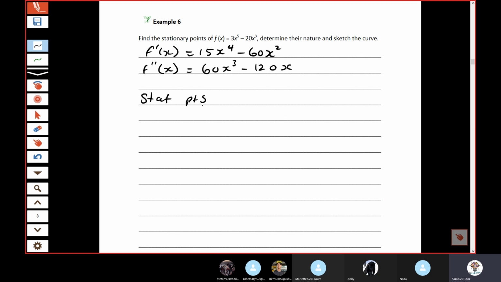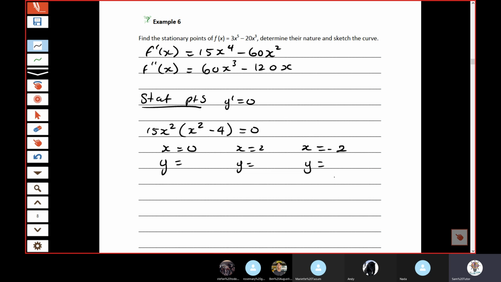Stationary points, underline, y dash equals 0. 15x squared, factorize it out, I think. X squared minus 4. I get x equals 0, x equals 2, x equals negative 2. I'm sure you guys will now go and find your y values. Should be able to continue from there.